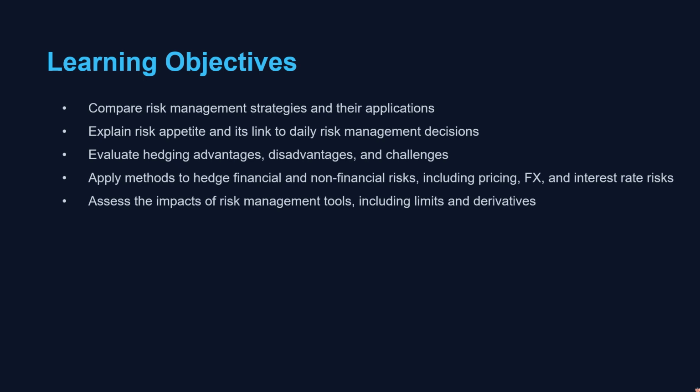And finally, you need to assess risk management tools such as limits, derivatives, and governance structures. For the exam, the key is not isolated memorization, but integration. You should be able to connect appetite, exposure mapping, instrument choice, execution risk, and post-implementation review into one coherent framework.